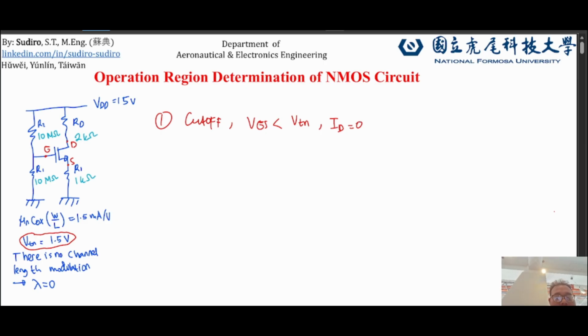Okay. The second one is the triode region. In the triode region, the NMOS drain current can be expressed as mu n Cox W over L times (VGS minus VTN) times VDS minus VDS squared over 2, like this.